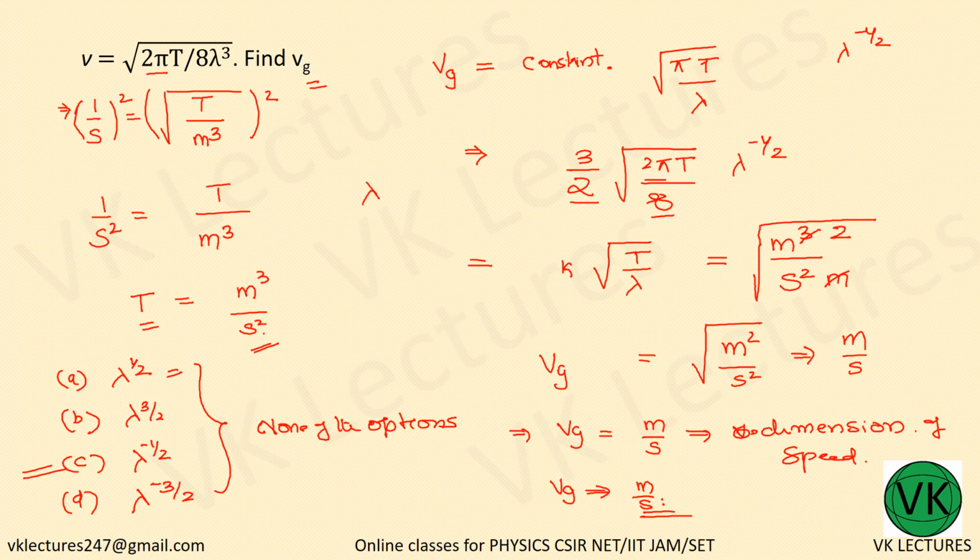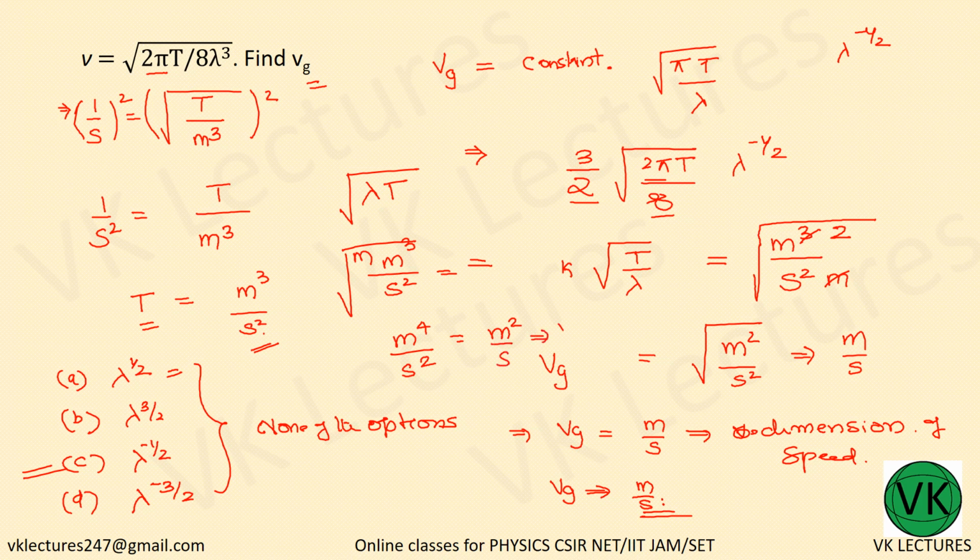If you put lambda power 1 by 2, you check it here. Root lambda into t. So root of lambda t. Lambda is meter, the dimension of t is meter cube per second square, right? Under root, it will be equal to meter power 4 by s square, so meter square per second.